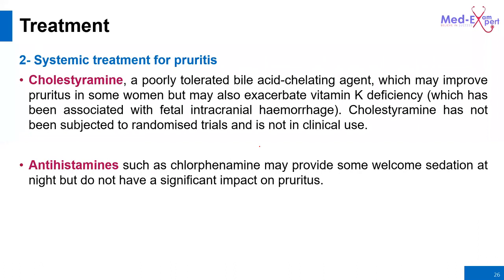They include the drug known as cholestyramine, a poorly tolerated bile acid chelating agent, which may improve pruritus in some women. But the problem with cholestyramine is that it exacerbates vitamin K deficiency, and this has been associated with fetal intracranial hemorrhage. Until now, cholestyramine has not been subjected to randomized trials and is not in clinical use in cases of obstetric cholestasis.